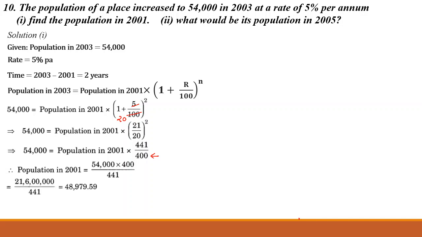When we simplify it further, we get the value as 48,979.59. You will get this up to 2 places of decimal when you simplify it.